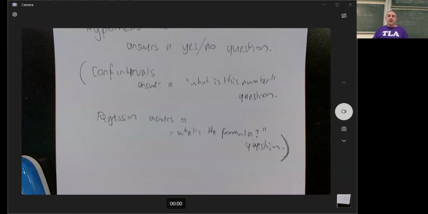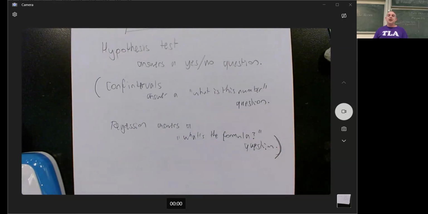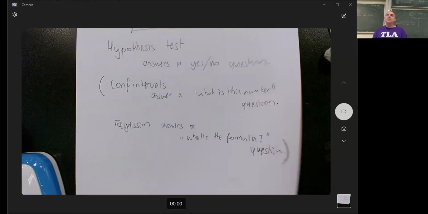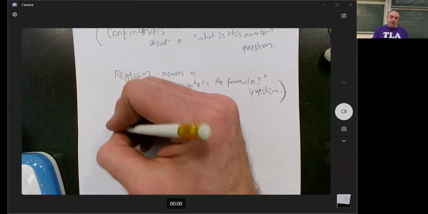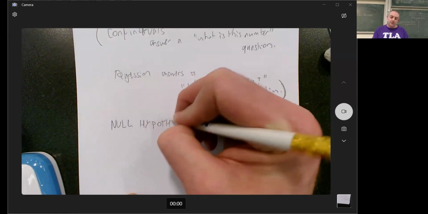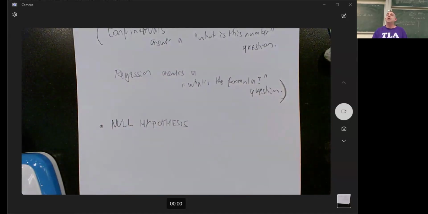Okay, and the second thing to know about a hypothesis test is that they all are designed by a similar process. And the process is you have to have a null hypothesis, you have to have a test statistic, and you have to know what the distribution of the test statistic is. So they all have a null hypothesis. And officially, they have an alternative hypothesis as well.